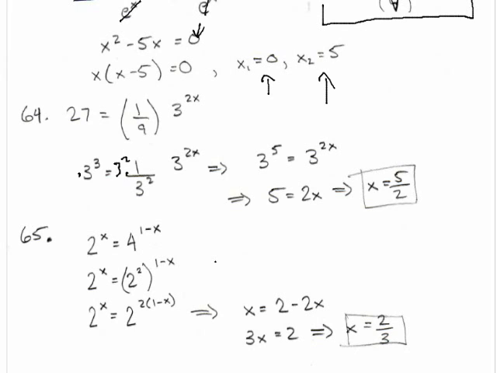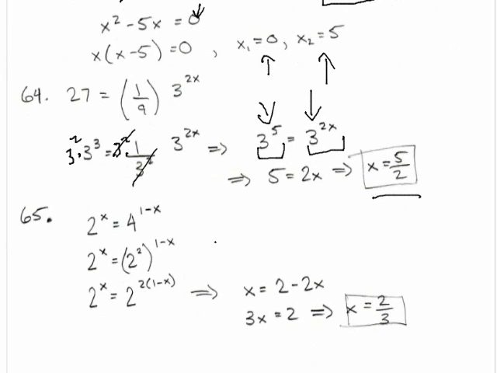This cancels out with that. And then 3 cubed times 3 squared, add the powers together, we have 3 to the fifth equals 3 to the 2x. Again, the only way for me to have 3 to the fifth equal to 3 to the 2x is if the two exponents themselves are equal. So therefore 5 has to equal 2x, so x equals 5 over 2.